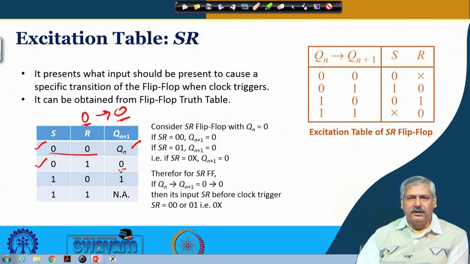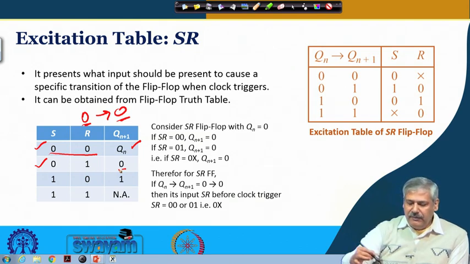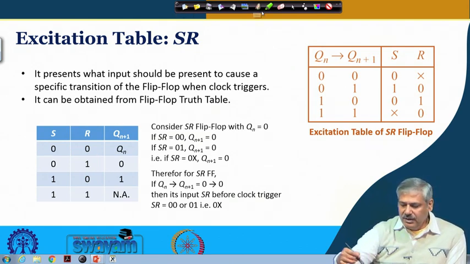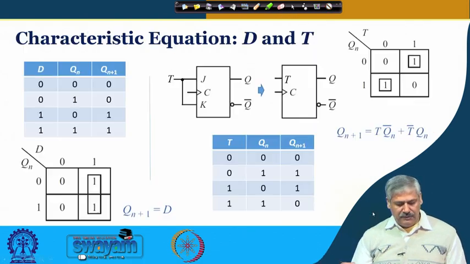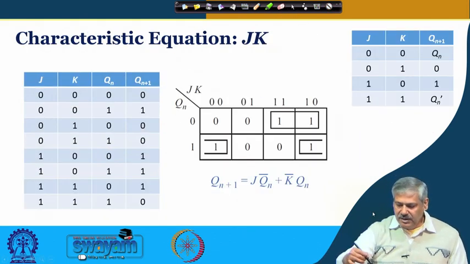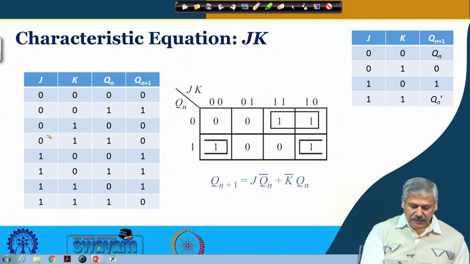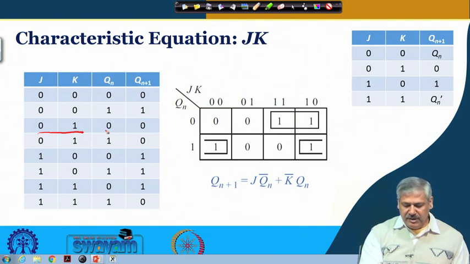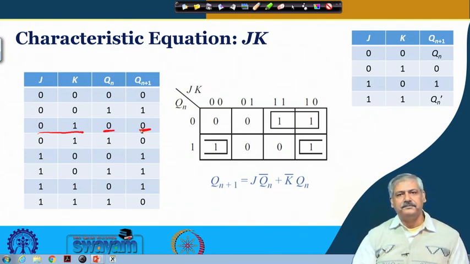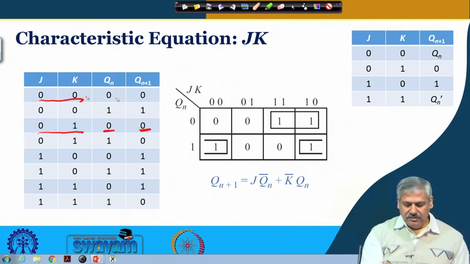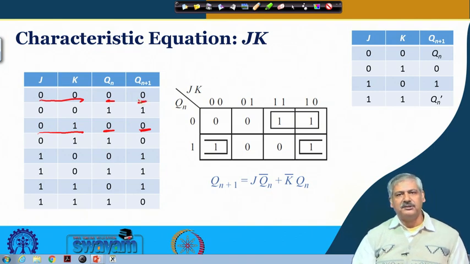Please understand this part. So if we refer back to the more elaborate truth table of SR flip flop, we can see if this is 0, 1 and previous value is 0, next value is 0, and 0, 0, previous value is 0, next value is 0.